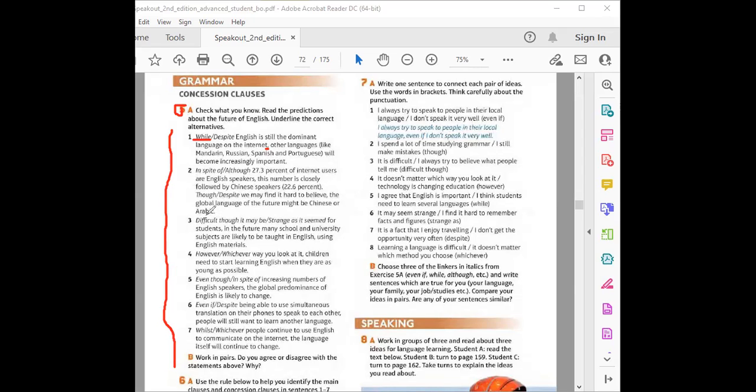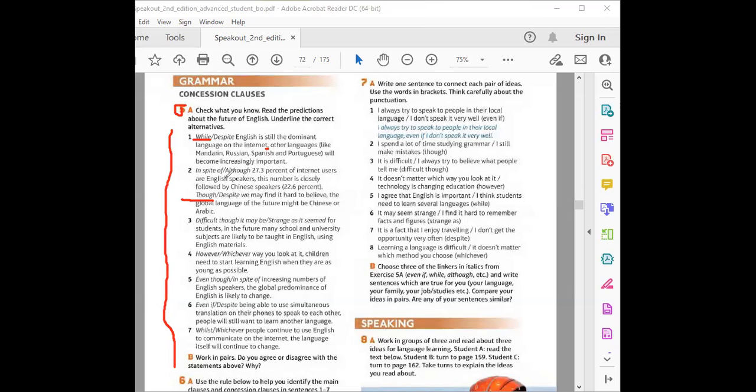Though or despite, we may find it hard to believe the global language of the future might be Chinese or Arabic. Right. So you chose in spite of instead of although. Yeah, and I chose the second, though. The second one is correct, though.